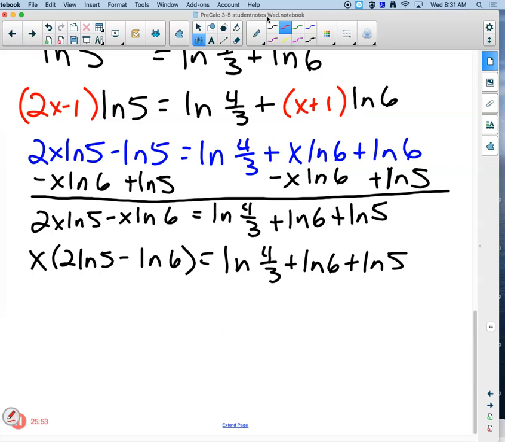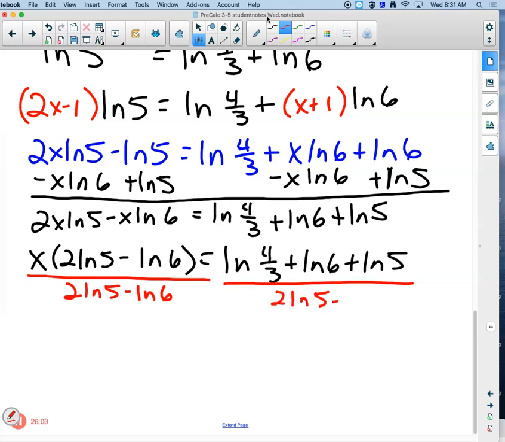And then we'll divide by 2 natural log of 5 minus natural log of 6. And of course, that will cancel out on the left-hand side and just give us x. And then we have this monster left to punch in.